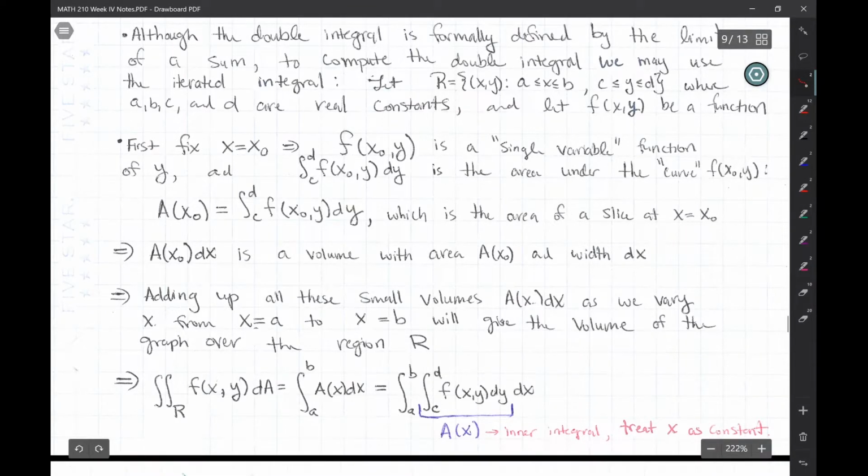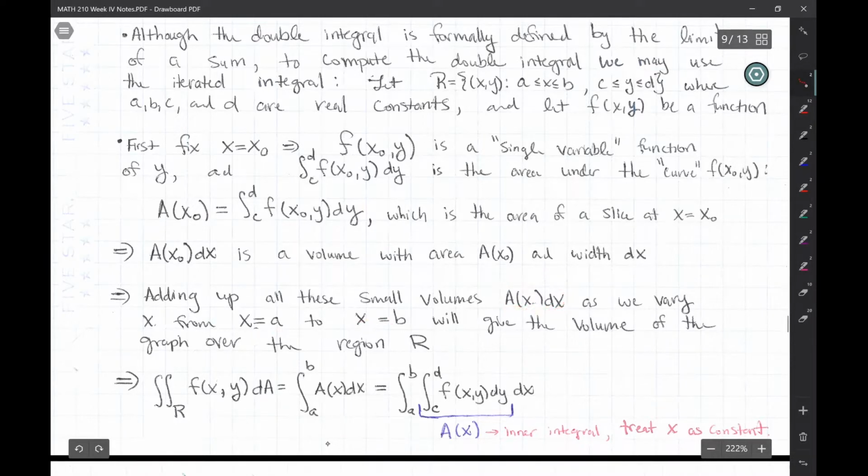And what do you want to do next? You want to add up all the volumes of slices that you would get as you vary x this time. So x was fixed before. Now let's not fix x anymore, and let's vary it from a to b, and we're going to add up all the volumes A(x) dx as we vary x from a to b.